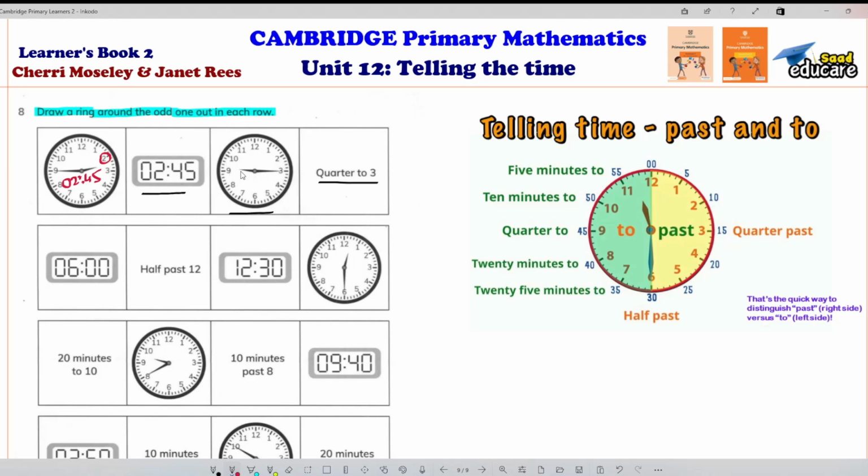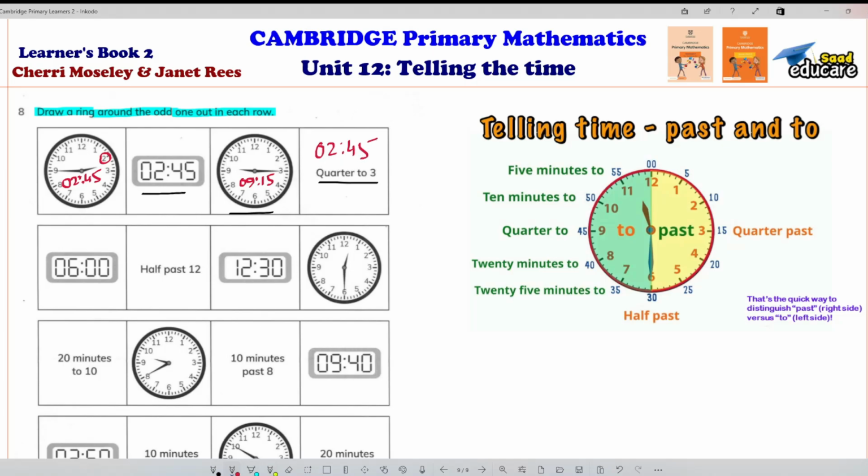Here is 9 and 3. The shorter stick is on 9, so the hour is 9, and the minute on 3 means 15. So here it is 9:15. And what is this? Quarter to 3. Quarter means 15. So we need 15 minutes to become 3. So it means 2:45.